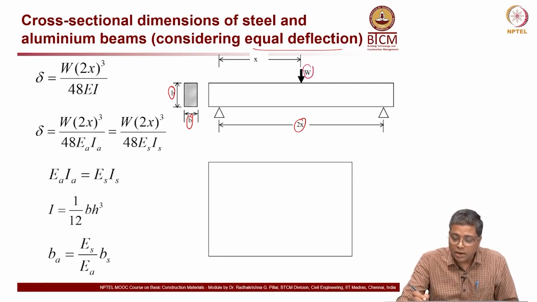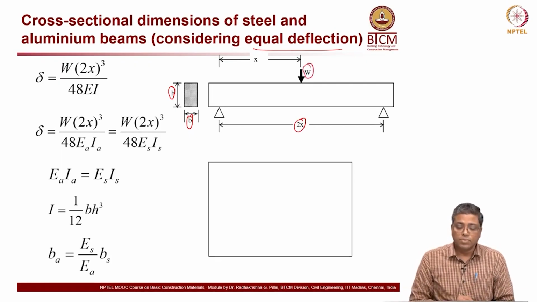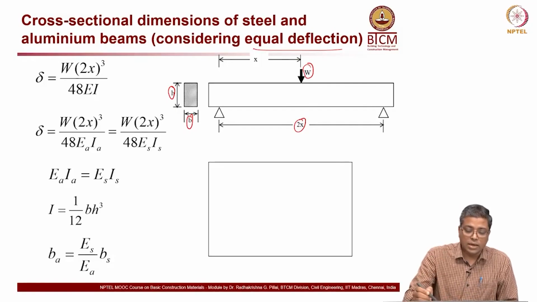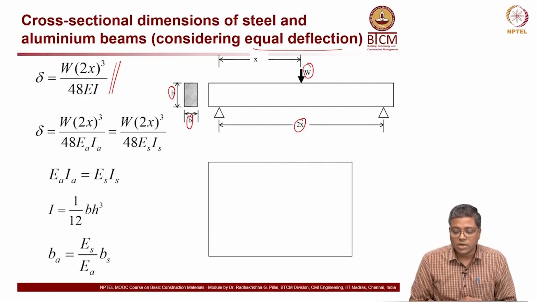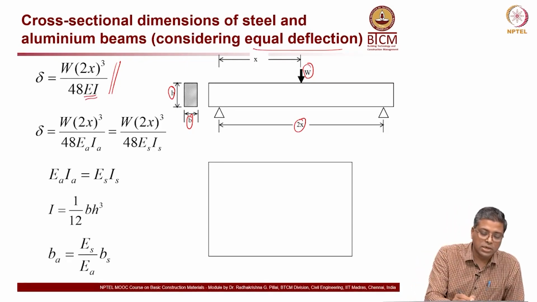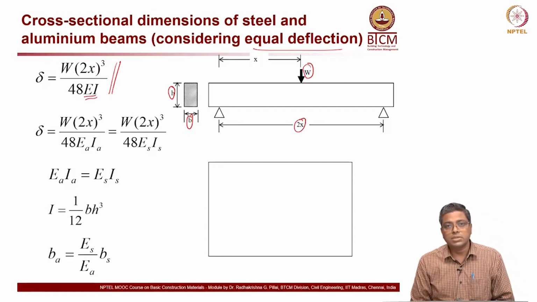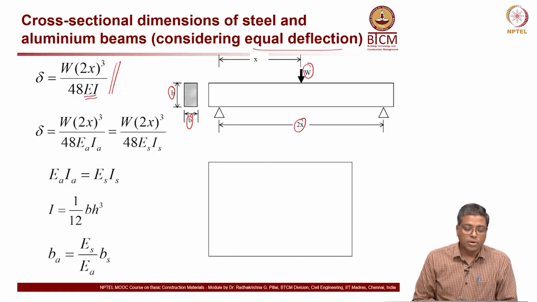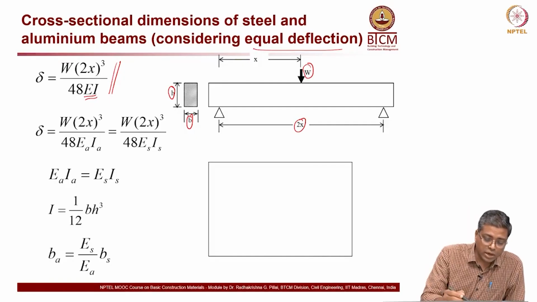Now, if you apply a load W at the center, then I can calculate the deflection at the center using W multiplied by length to the power 3 divided by 48 EI. What is EI? E is the modulus of elasticity and I is the moment of inertia.